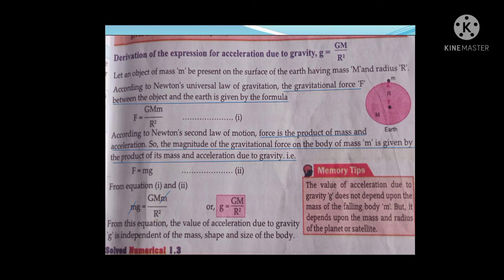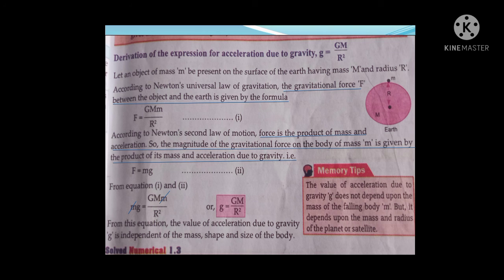So here we got two equations. First one is F is equal to G M m upon R square, and second one is F is equal to mg. Since both are force, we can equate them. When we equate equation 1 and equation 2, we get mg equal to G capital M small m upon capital R square. What is common on both sides?